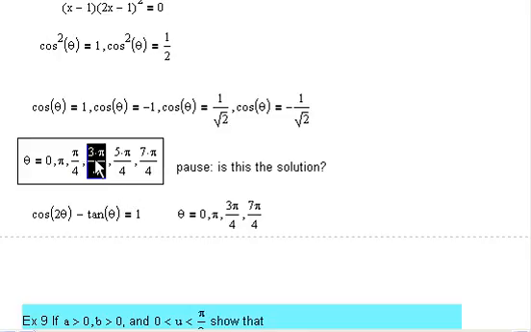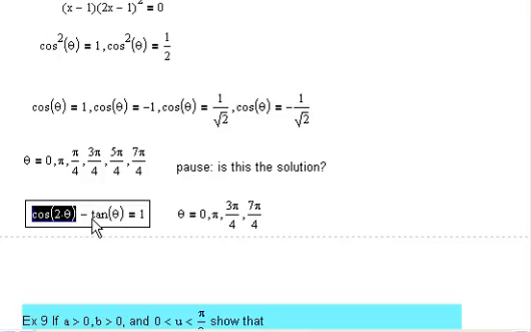3 pi over 4 works, because we'd have 0 minus negative 1. And that does equal 1. 5 pi over 4 doesn't work, because tangent of 5 pi over 4, since it's in the third quadrant, is positive 1, we would have 0 minus 1, which is not 1.